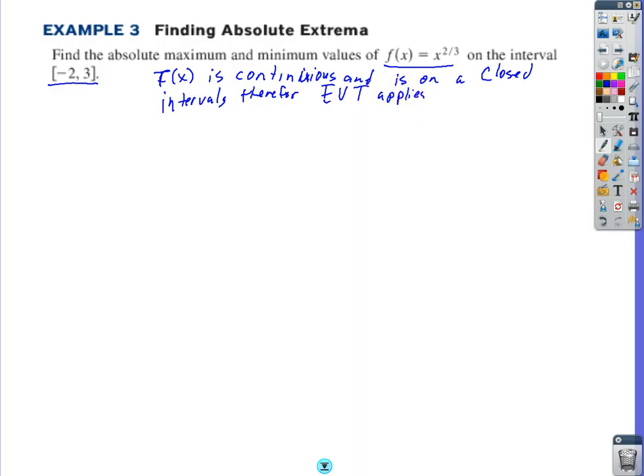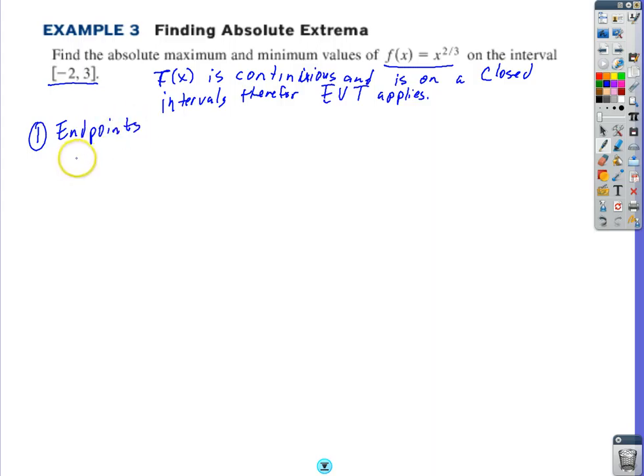Again, as a refresher, my extreme value theorem means that since it's continuous and on a closed interval, I know I'm going to have a minimum and a maximum. And guess where I can find those? I can find those at endpoints. So where are my endpoints? My endpoints are where my interval tells me they are.